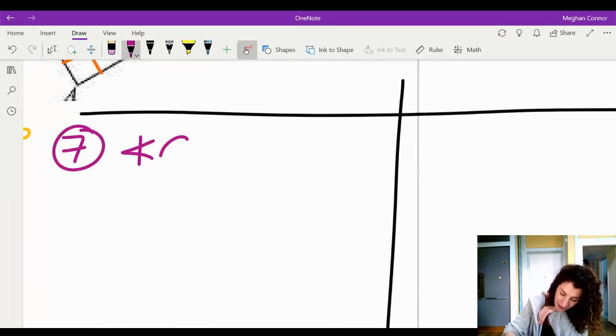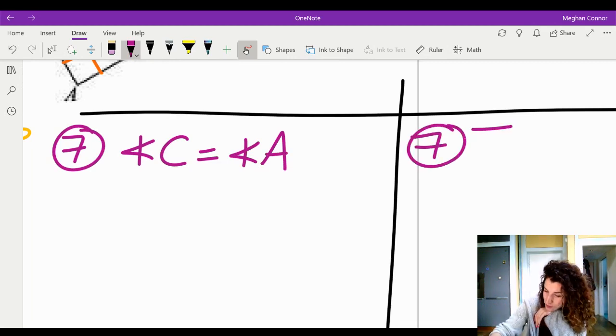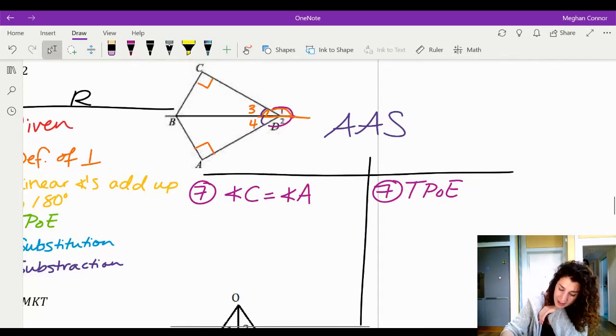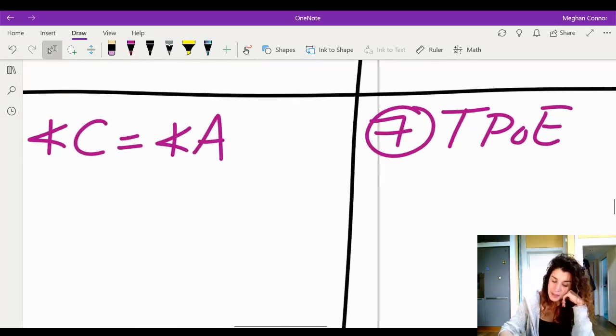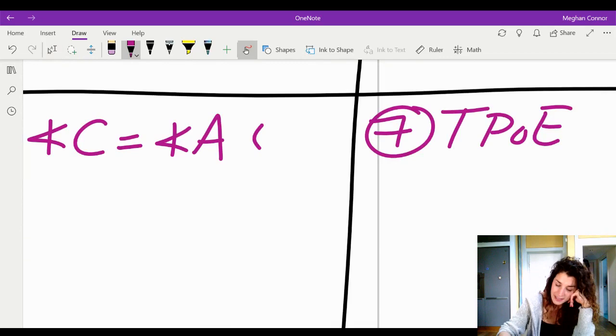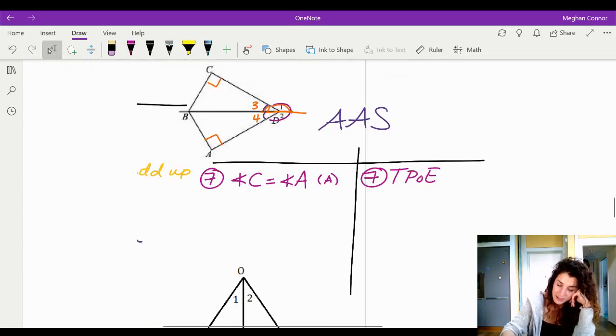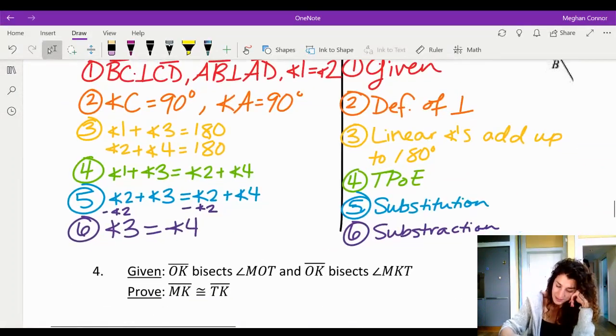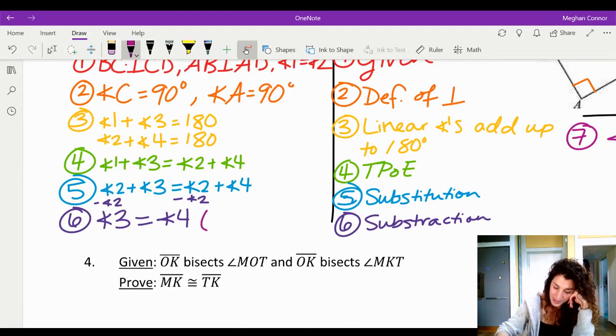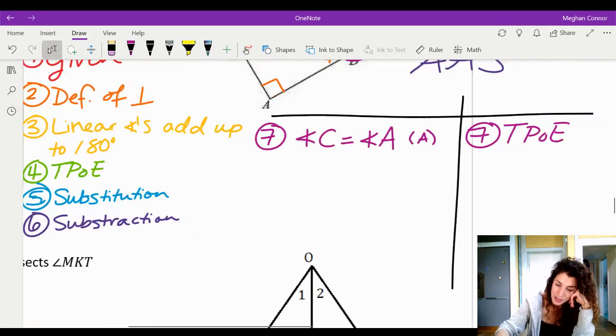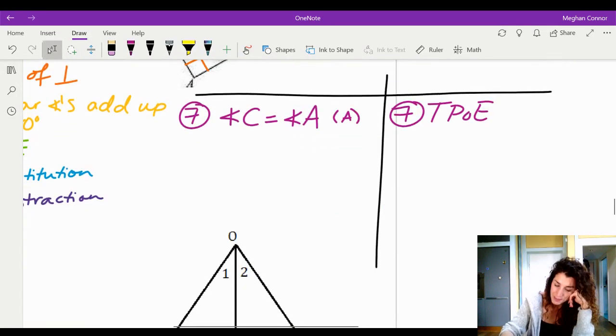Seven, angle C equals angle A, and that is my transitive property of equality. Okay, if you are still doing this, this is an angle. This is an angle, and now we just need our side, and that's BD.